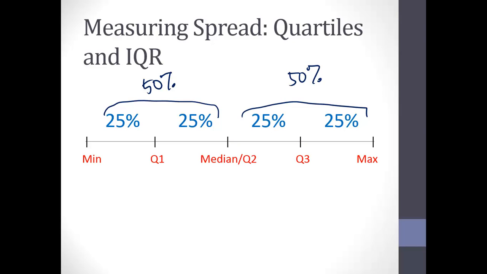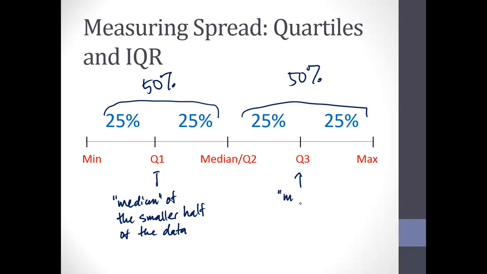It's helpful to think of the quartiles Q1 and Q3 as the median of the smaller and larger half of the data. So the first quartile is the median of the smaller half, and similarly, the third quartile is the median of the larger half of the data.